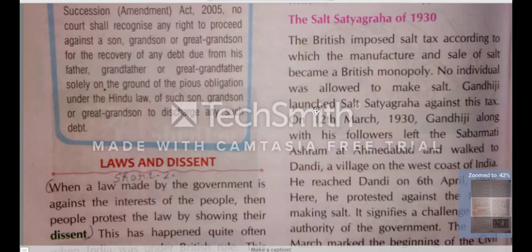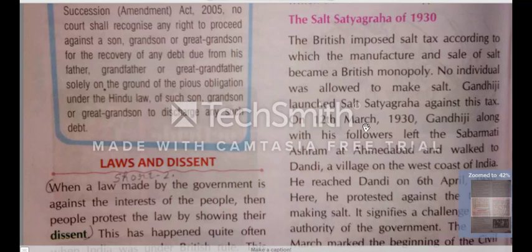Gandhiji launched the Salt Satyagraha against this tax. Gandhiji started a satyagraha that is called the Salt Satyagraha against this tax. Which tax? The salt tax. Against the salt tax, he started a movement, a satyagraha.